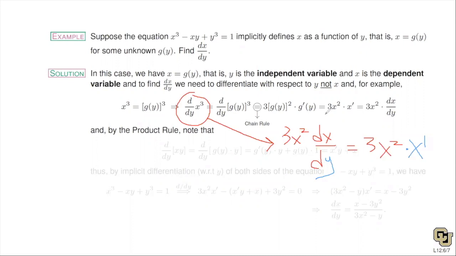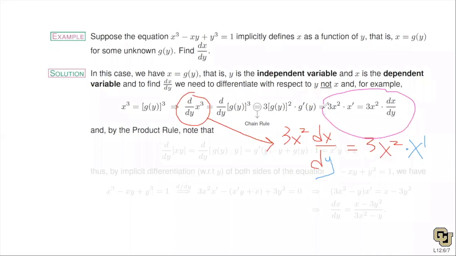And that's why we're getting this derivative here. It's just the chain rule. You can think about it that we always do the chain rule. If I take the derivative of x cubed with respect to x and do the chain rule, it's boring. It's just 3x squared times dx dx.